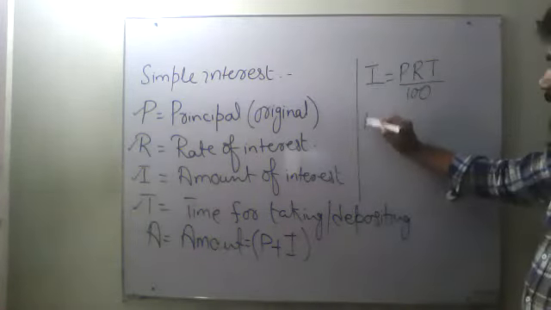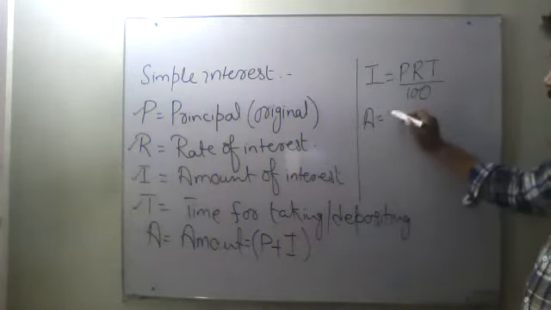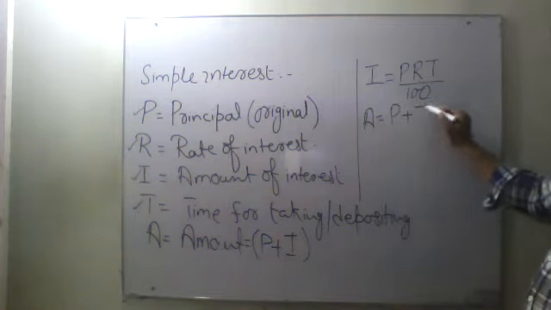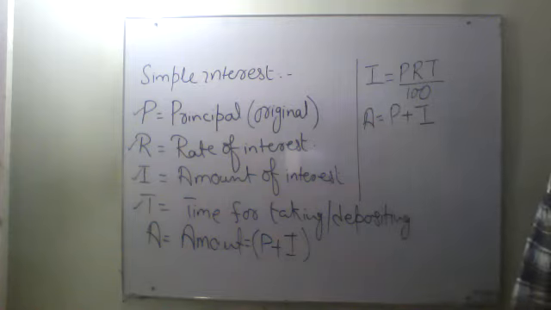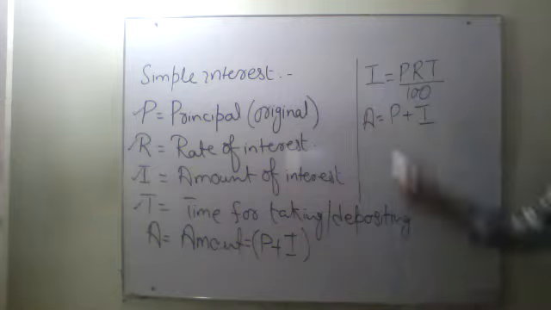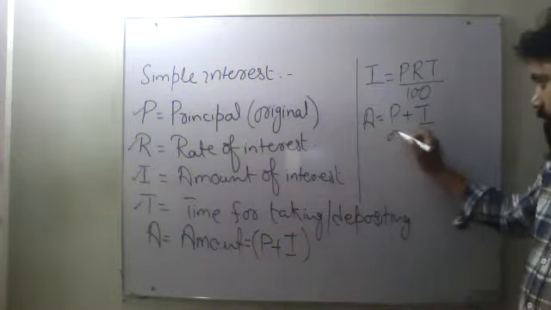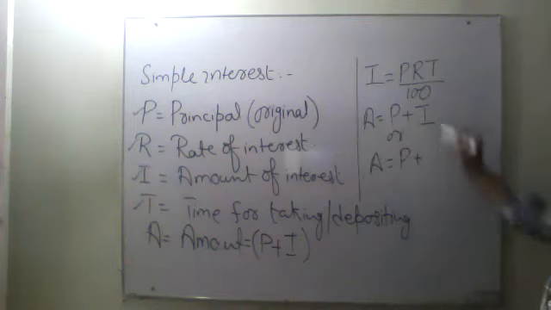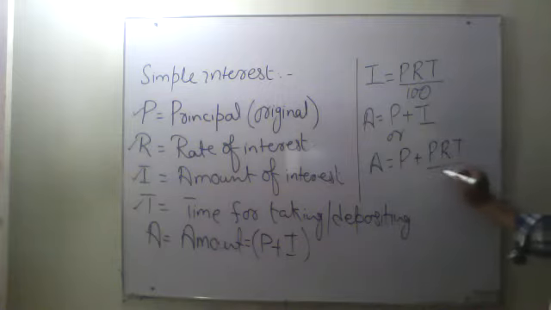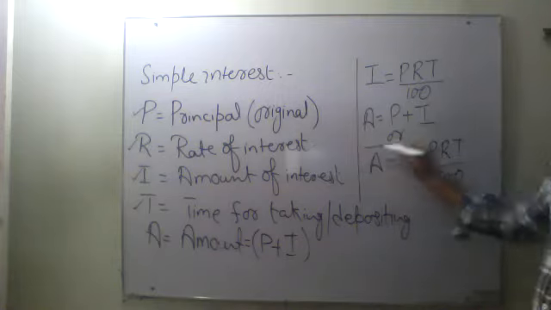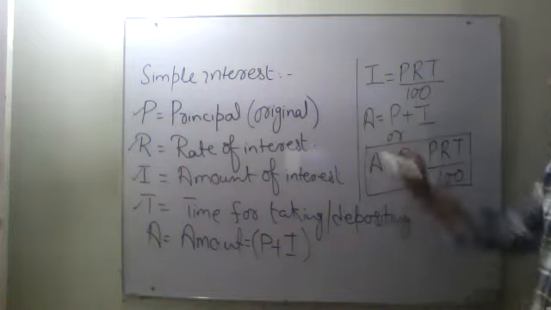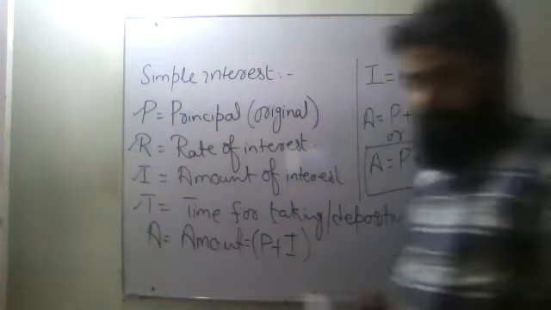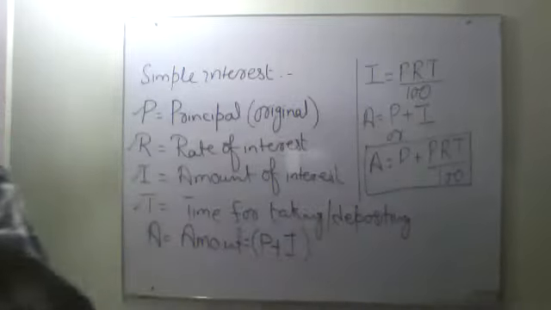And A, that is the total amount, will be P plus I. Right? P principal, I interest, or you can write it like P plus, in place of I, you can write PRT over 100. That can also be there. Right?